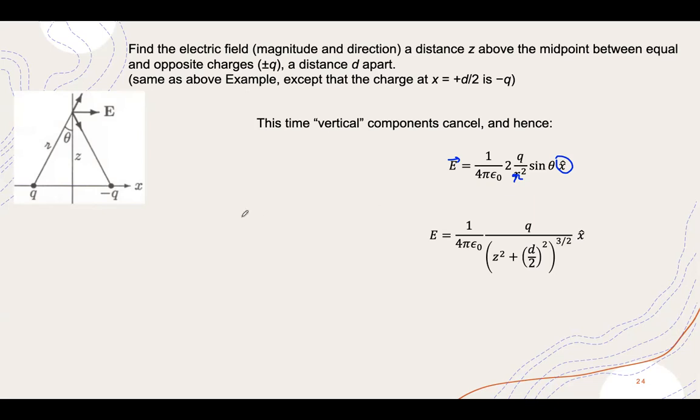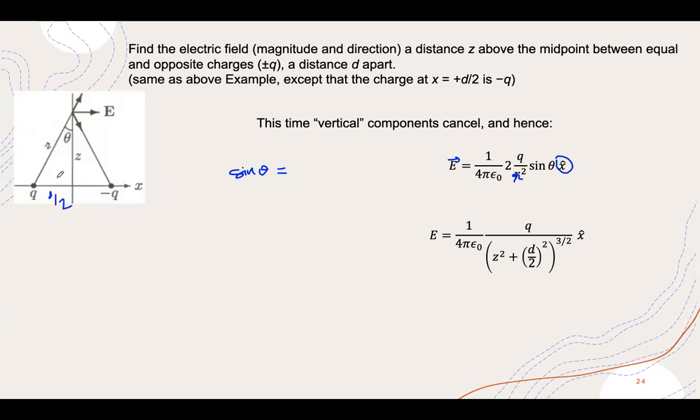yeah. So D over 2 divided by, so let me write it somewhere so that there should be no confusion later on. So sine theta should be equal to, because this is D over 2, okay.